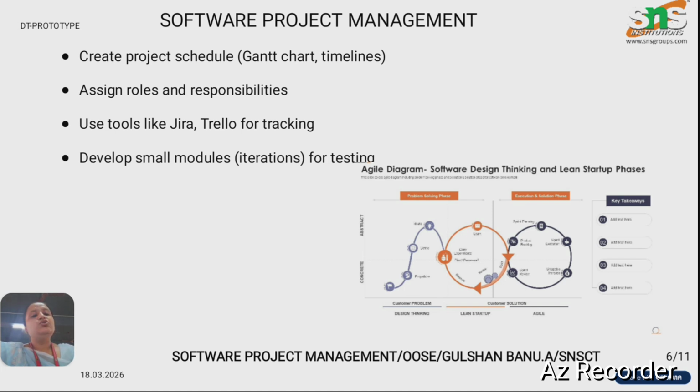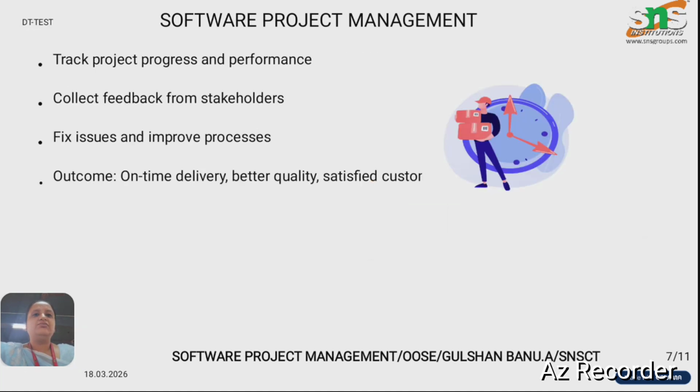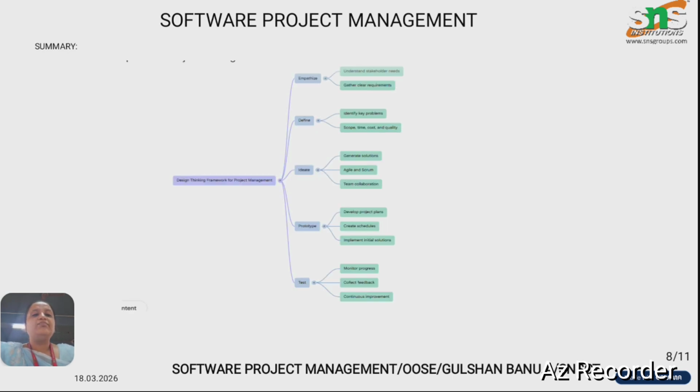You develop smaller modules for testing. Now, how can you check whether the software project is being done properly? First you have to track the process. Next you have to collect different kinds of feedback. After that you have to fix the issues. After that you have to give on-time delivery. So this is how the process will be executed.